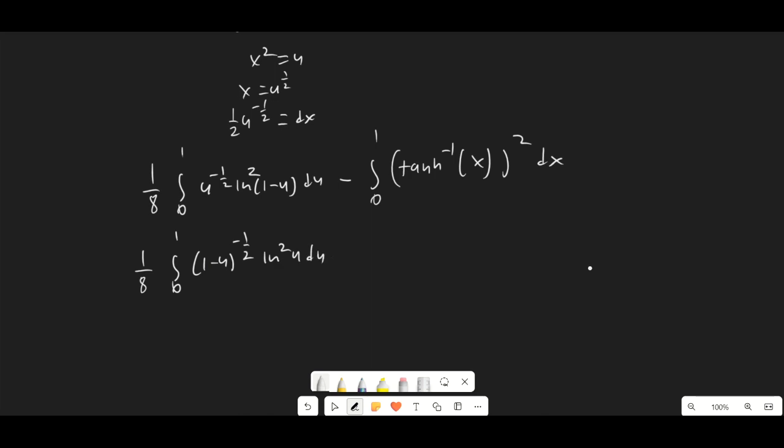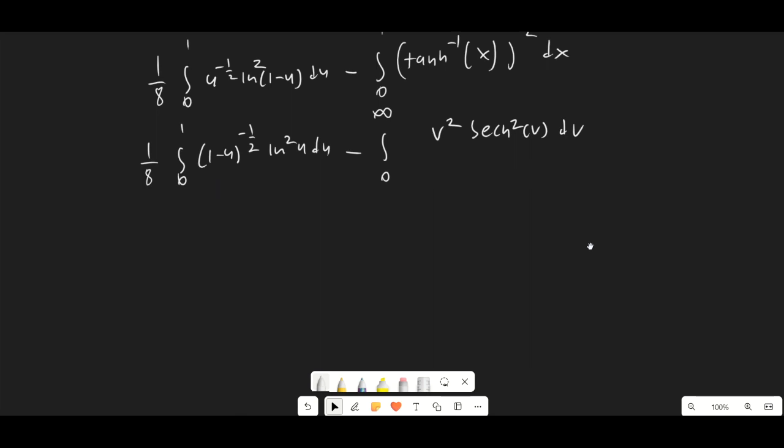Minus, now we're going to go ahead and substitute x equals tanh of v. Why not? V works. So v is going to go from 0 to infinity, and we're going to get v squared times hyperbolic secant squared of v dv. And we're just going to proceed from here. So for this one right here, we're going to use the beta function.